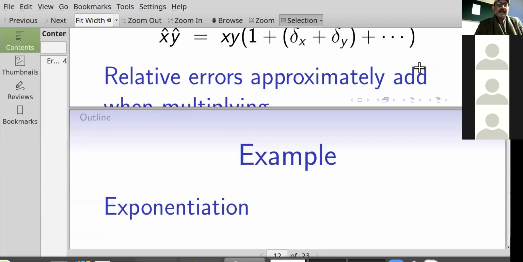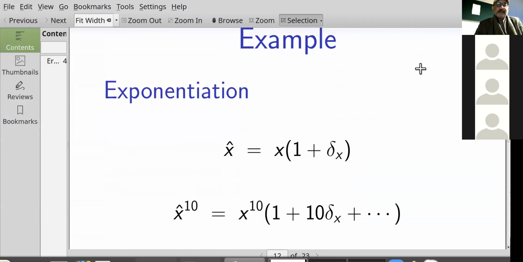Okay, so if we exponentiate, which is repeated multiplication, then what would happen? If we had x hat, again, the approximation is equal to the exact number x times 1 plus delta x.